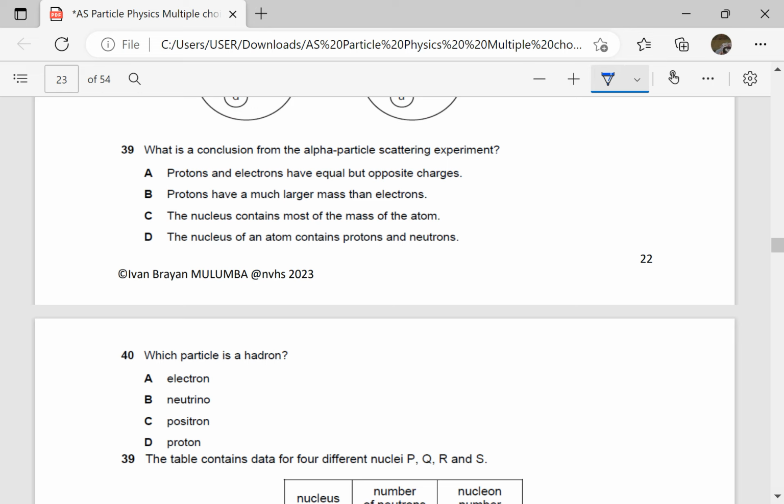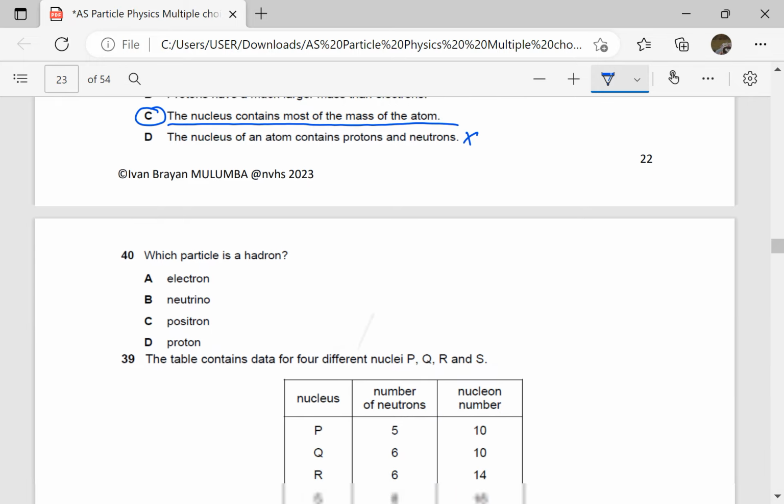That one can be concluded from the alpha particle scattering experiment. The nucleus of an atom contains protons and neutrons. This one cannot be concluded from the alpha particle scattering experiment alone. Further experiments should be carried out to come up with that conclusion. But the nucleus contains most of the mass of the atom can be concluded by the alpha particle scattering experiment.